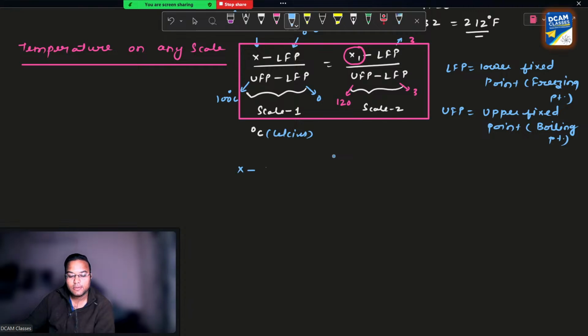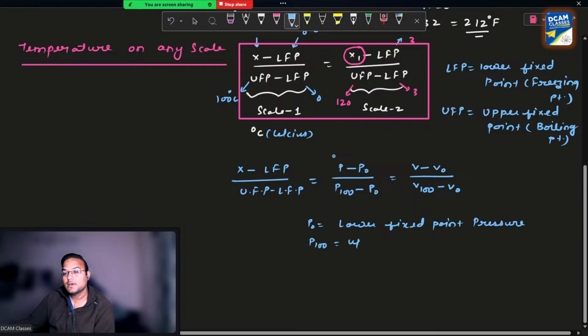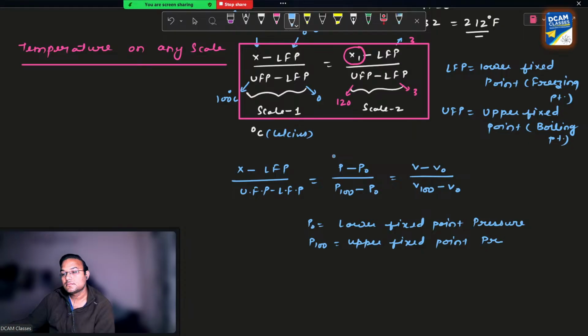Now this formula is not limited to this one. You can extend this formula, x minus x LFP by UFP minus LFP, to pressure also: P minus P naught by P100 minus P naught, or V minus V naught by V100 minus V naught, where P naught represents the lower fixed point pressure and P100 is the upper fixed point pressure.